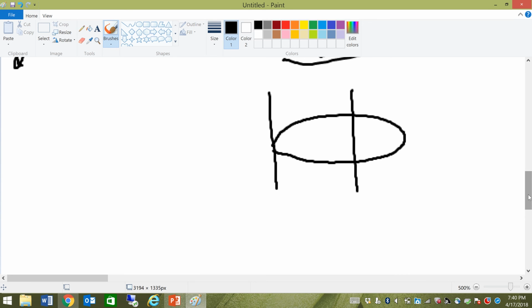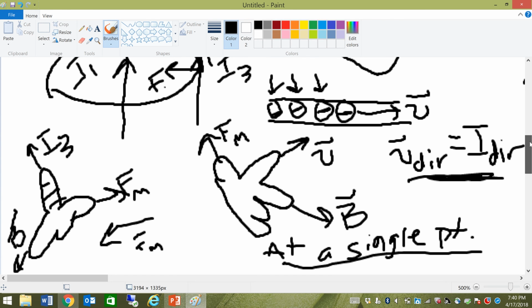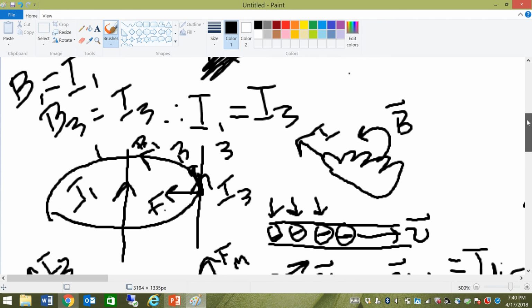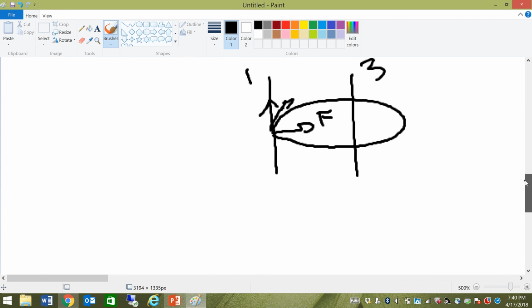And from that, we should be able to get, once again, a force going in the opposite direction, a magnetic field that's tangent to the circle, and as well as, remember, the current is going up. And that's just by applying the same principles that I used up here.